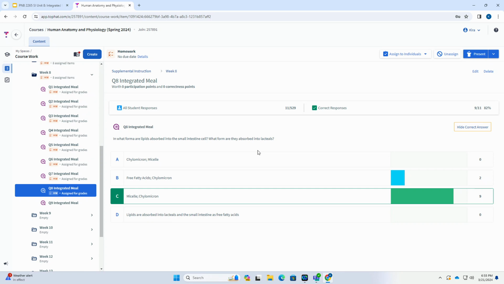So I could honestly add this to this diagram. The lipids aggregate into the micelle, which then goes right through the membrane and then forms the chylomicron, which then goes into the lacteals.